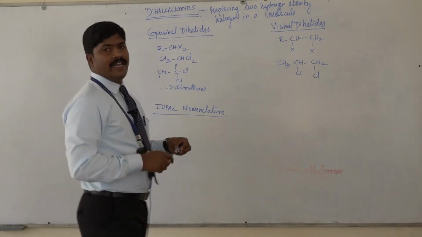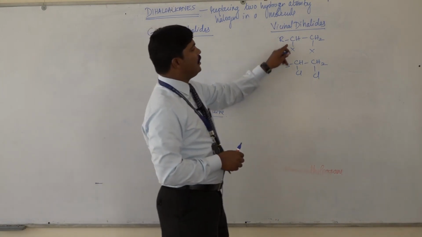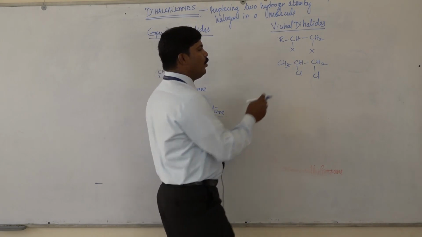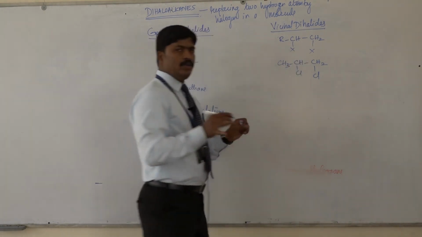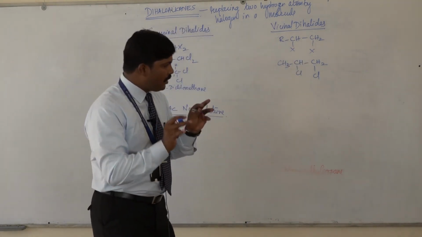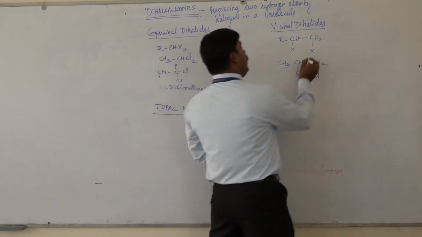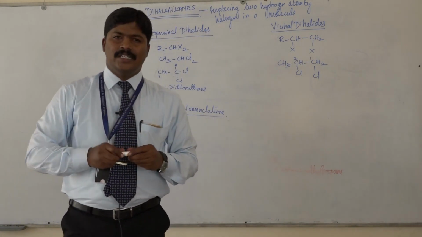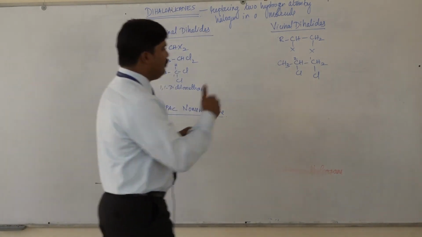What are vicinal dihalides? Coming across here, RCHX, CH2X. What is happening here? We can find the halogens bonded to carbons, but not to the same carbon: one to the first carbon and one to the second carbon. We call it adjacent in English. Adjacent is a neighbor, the next carbon, the immediate carbon.